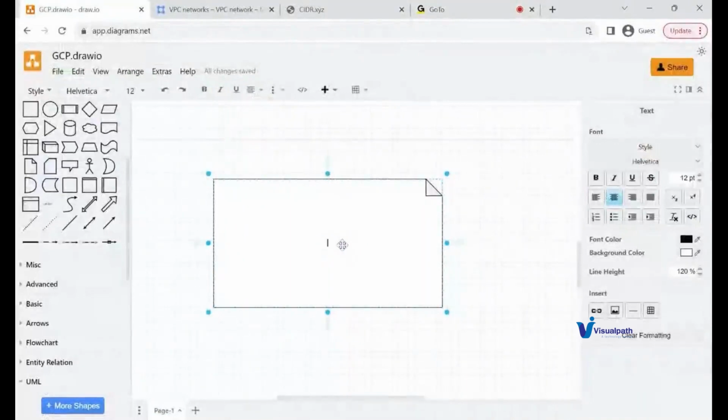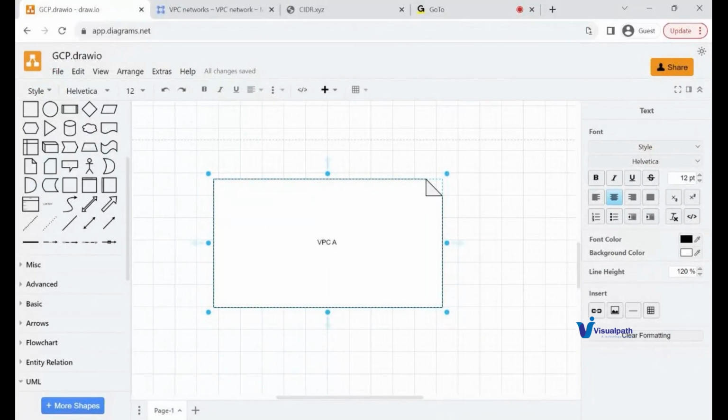So I have, let's say, a VPC A, and below it a VM X, and correspondingly in my same project I have another VPC, termed VPC B, and it has a VM Y.